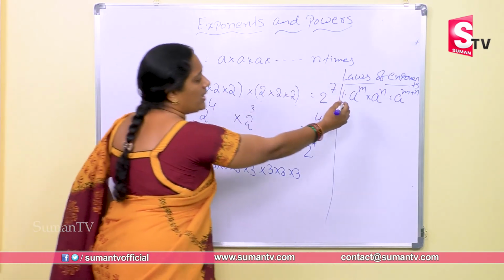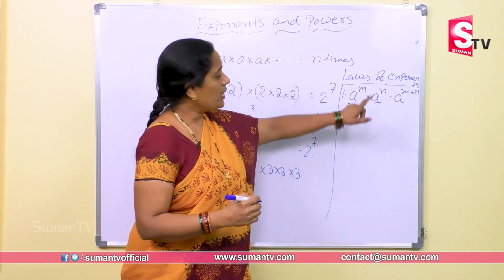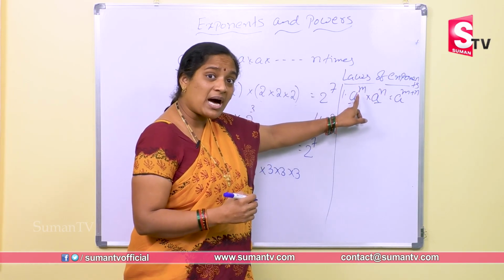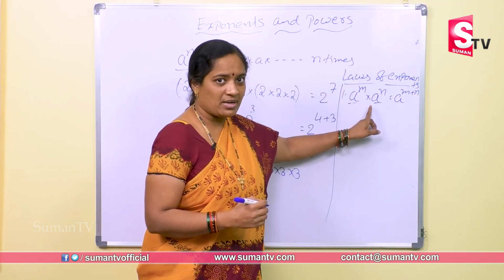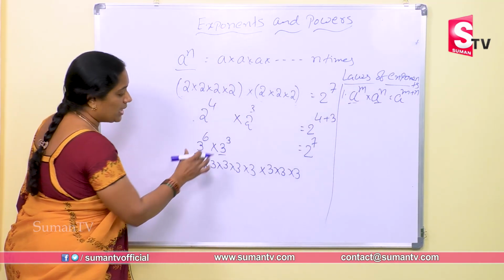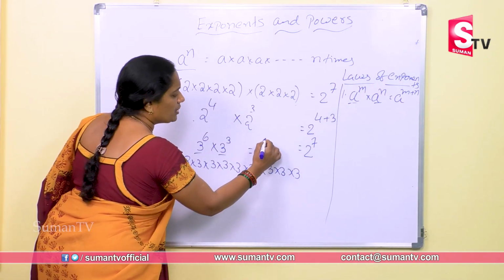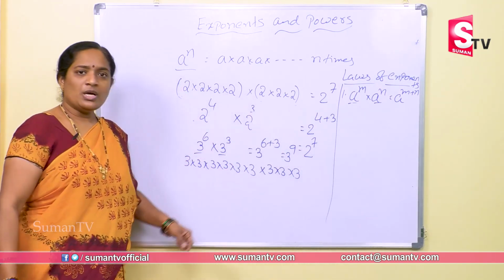When the bases are same, you can add the exponents and both the terms are multiplied with each other. Here you can see bases are same, terms are multiplying each other.